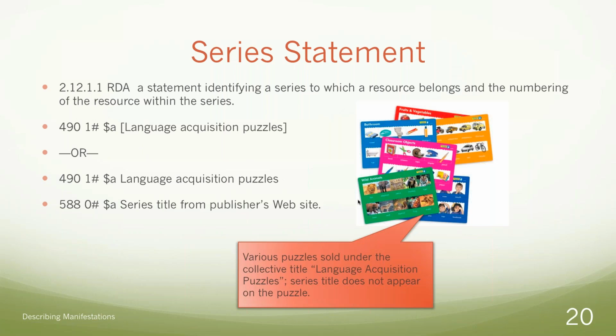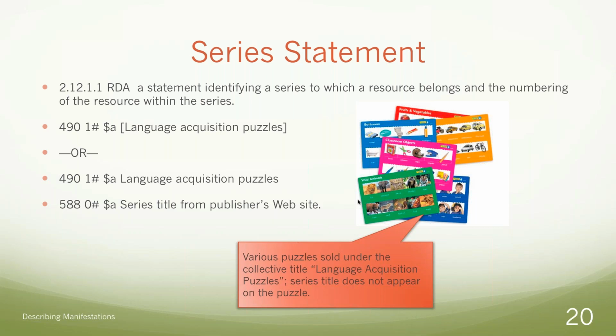So for series statements, this is a series statement that we see on these different puzzle cards. They're a set for children to use for vocabulary, and they're sold under this collective title called Language Acquisition Puzzles.